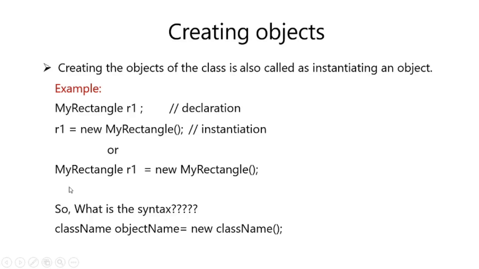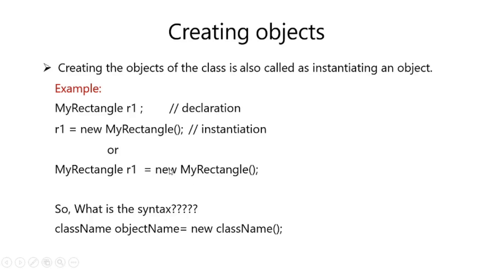Or in a single line you can write it this way: MyRectangle R1 equal to new MyRectangle. So what is the syntax? Class name, object name, equal to new class name. This is the syntax for creation of the object. Here MyRectangle is the class name, R1 is the object name, then the new keyword, and again MyRectangle is the class name.